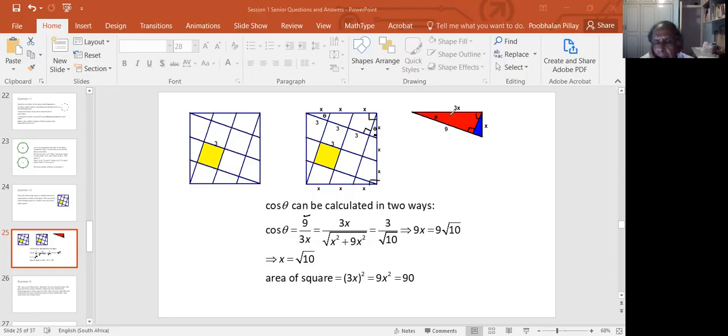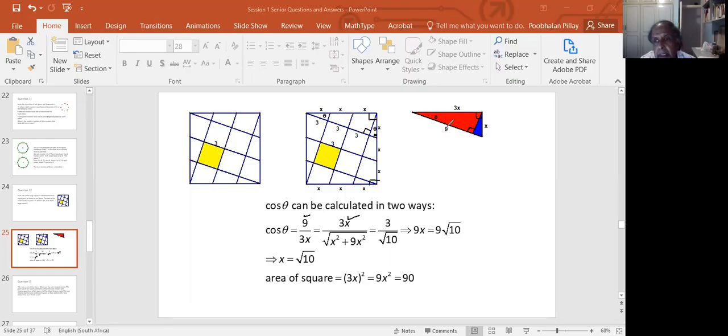But now theta is also an angle in the large triangle. And there, in the large triangle, the 3x becomes the adjacent side, and this becomes the hypotenuse. This hypotenuse can be calculated because I've got the other two sides, 3x and x. So in the large triangle, cosine of theta is 3x, which is the adjacent, over the hypotenuse, and the hypotenuse can be calculated using Pythagoras.